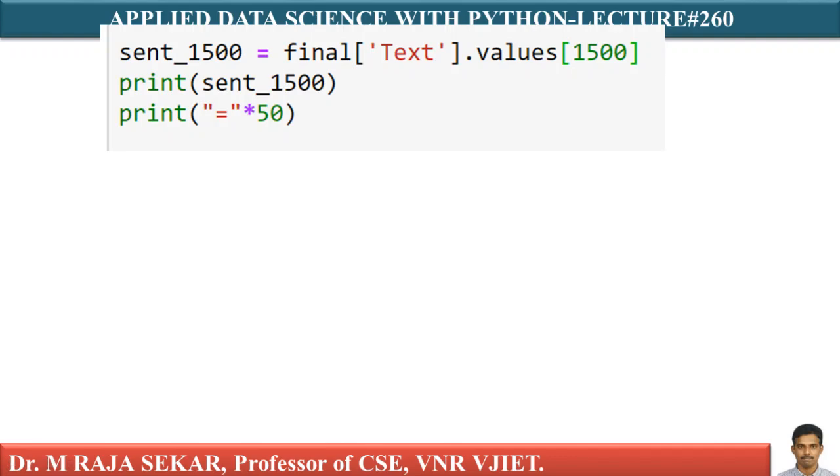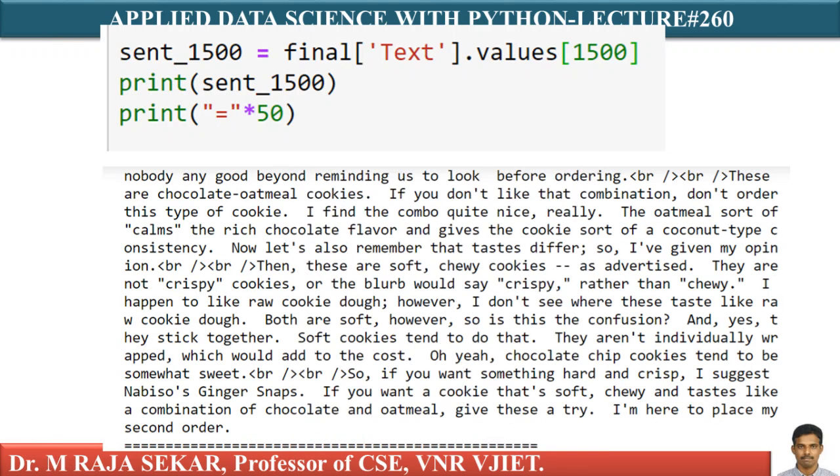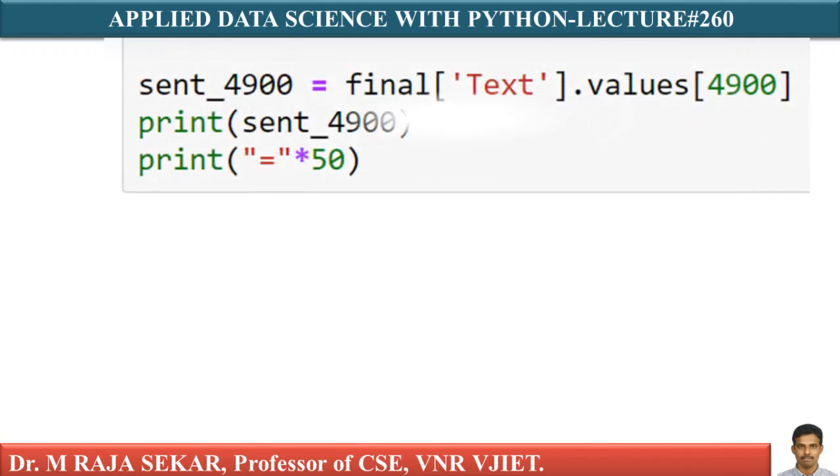Again, this is index 1500; at index 1500, I have this particular review. Arbitrarily, randomly, I am choosing and checking reviews. This is the review at index 4900.